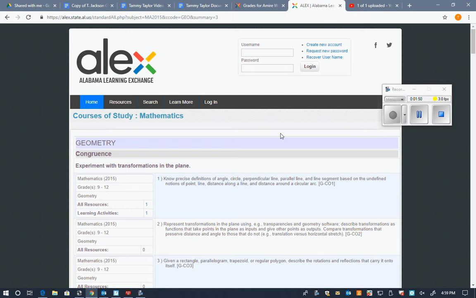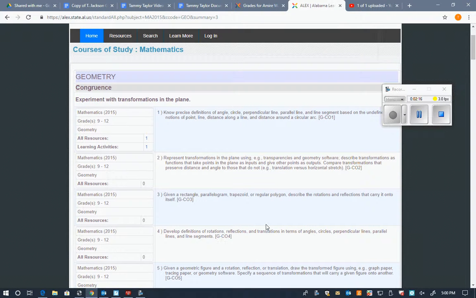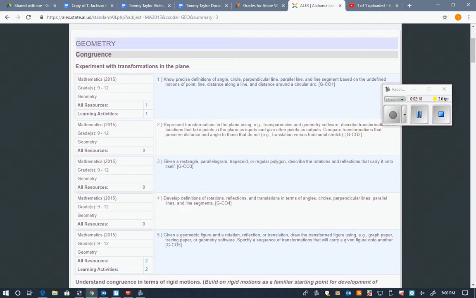If I want to see what those are, they are the definition of angle, circle, perpendicular lines, parallel lines, a line segment, and representation of transformations, that is rotations, reflections, translations. Being given a triangle, a parallelogram, no, we're not doing that one. We went to 5. I missed over that. Okay, rotations, reflections, and translations.